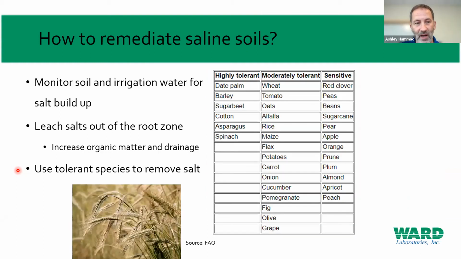When it comes to remediating it, there are really only limited options. First and foremost, I would say monitor your soil with soil testing. Monitor your irrigation water if you're irrigating. And I keep hammering this as much as I can: what I really like to see is people looking at trends.